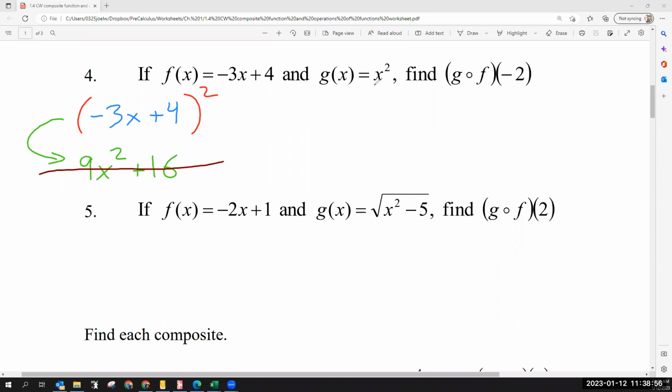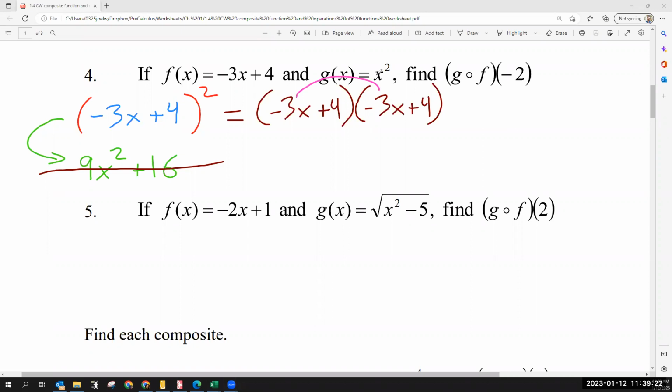What does it mean to square something? That is the same thing as -3x plus 4 times -3x plus 4, correct? Now, you've multiplied stuff like that out. How do I multiply that? Okay, so you can use your box or FOIL or distribute however you want to.